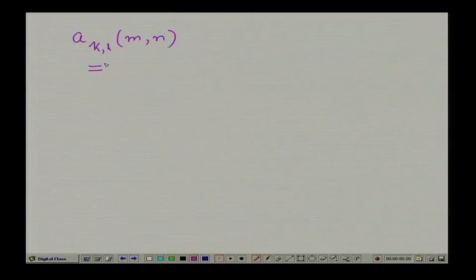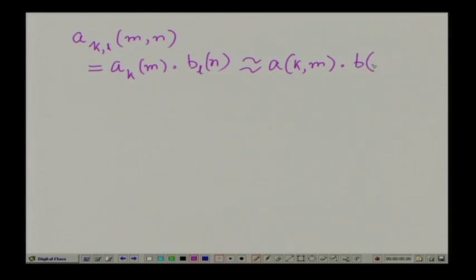So, if A(k,l,m,n) can be represented as a product of A(k,m) and B(l,n), then this is called separable.